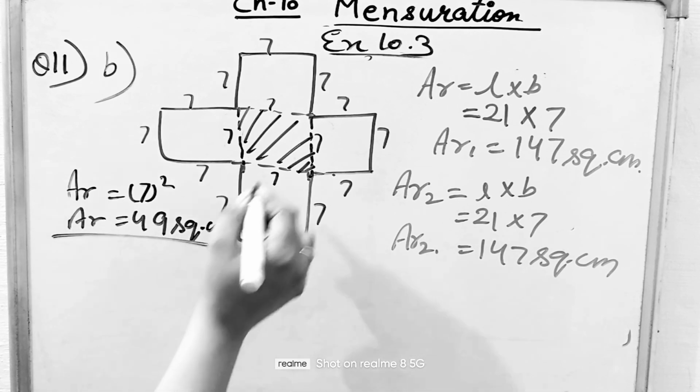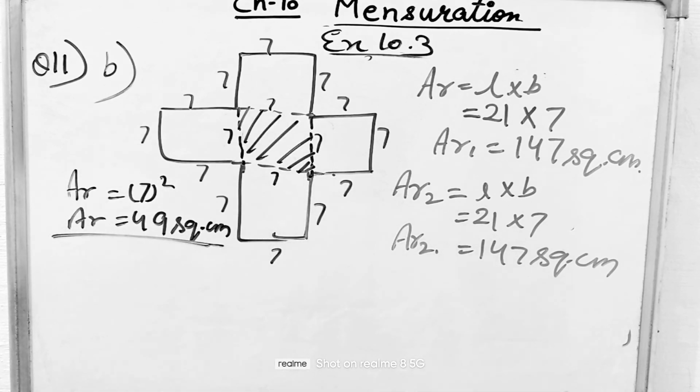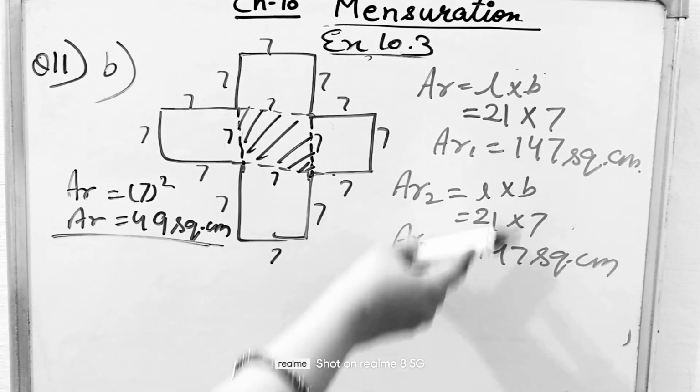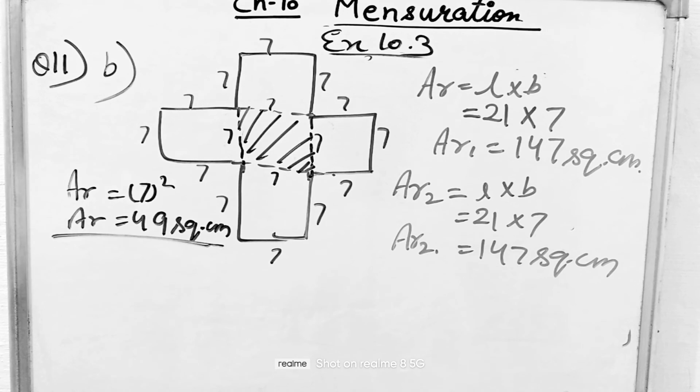So this is area of this square, but we have to subtract it once from the sum of these two areas, because we are covering it 2 times. So one time we want to keep it because this portion is also there in figure, and for the second time, which is overlapping, we will remove.